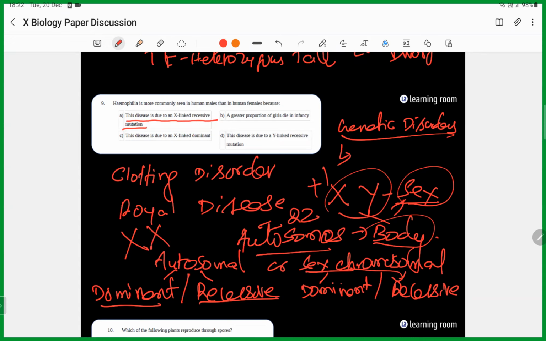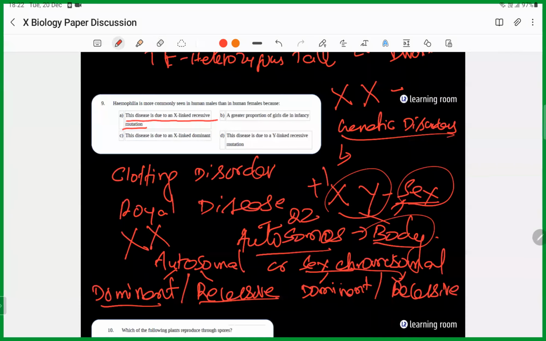A female has two X chromosomes, while a male has only one X chromosome.